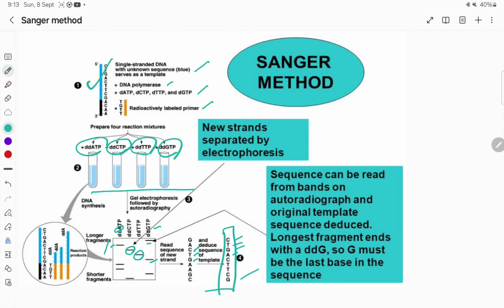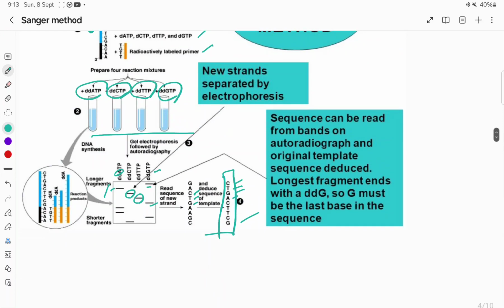In this way we can know the sequence of the bases in the DNA, and we call that the DNA sequencing process.